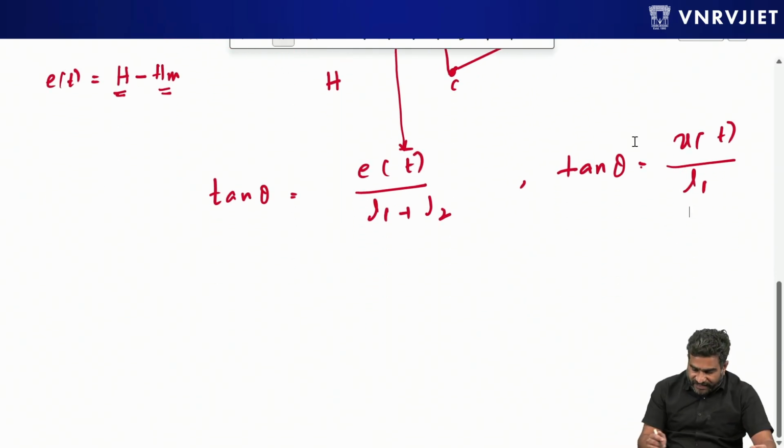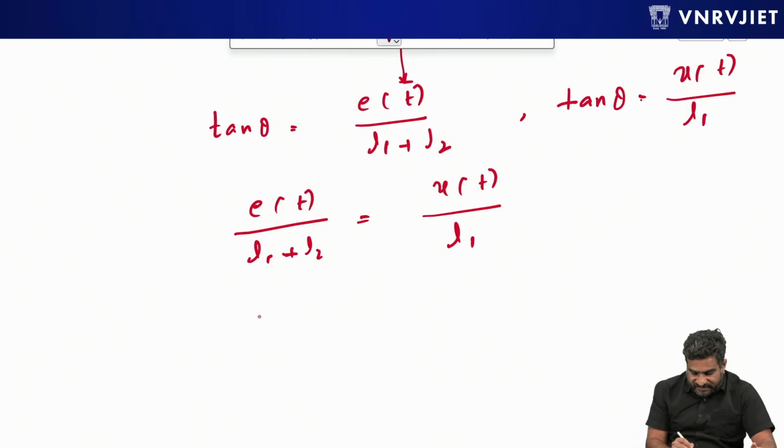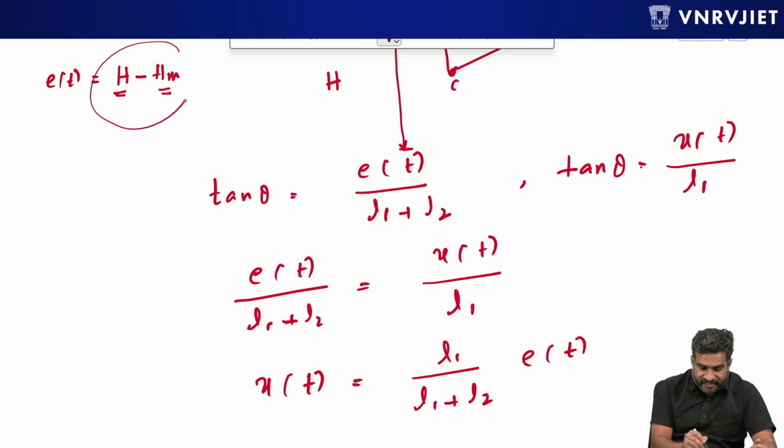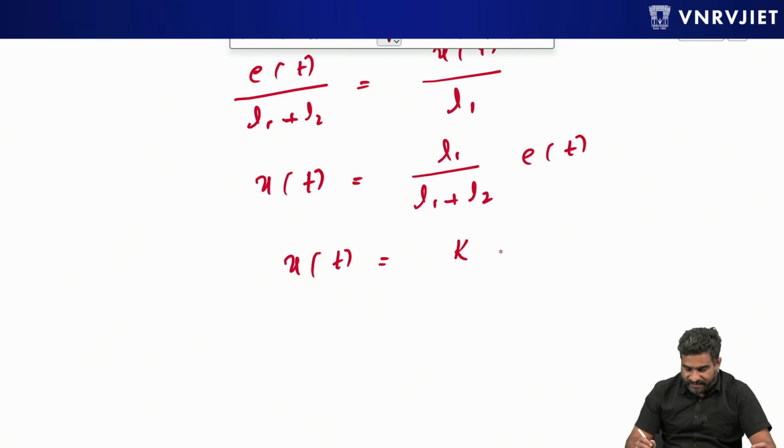So, and I know that these two are same, so if I equate them, E of t by L1 plus L2 is U of t by L1, or in other words, I can write U of t, the input to the system, is L1 by L1 plus L2 times E of t, where E of t is the difference between my requirement and my availability, right? And L1 and L2 are known given constants. So in that way, probably I can write U of t is K times E of t, K is L1 by L1 plus L2, a constant, proportionality constant, right?